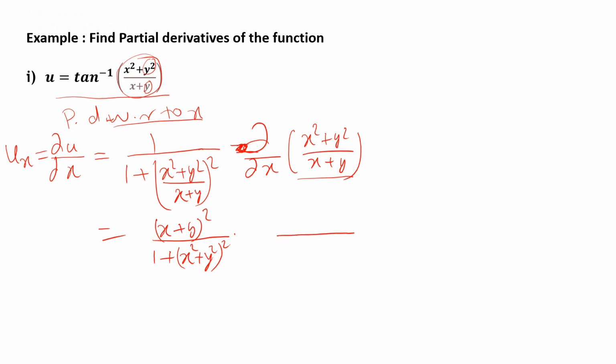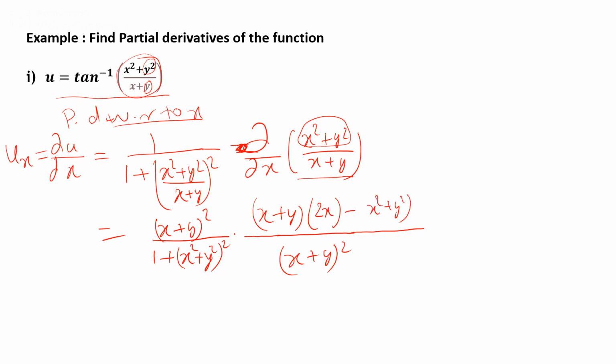So we write x y, and the derivative of that function with respect to x is 2x, and y square is 0, minus now x square plus y square, numerator same, and the derivative of the denominator: the derivative of x is 1 with respect to x and y is 0, so we write 1.